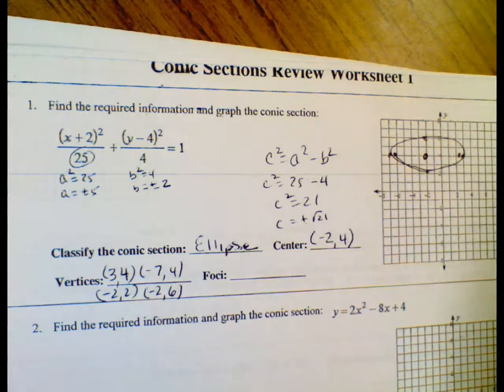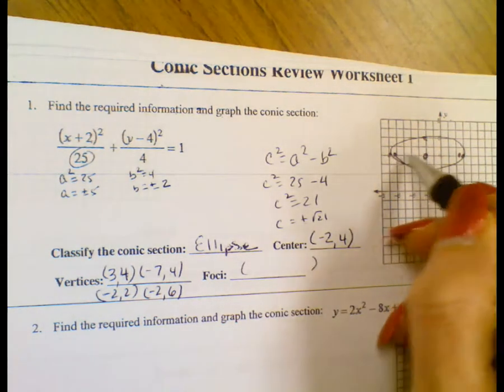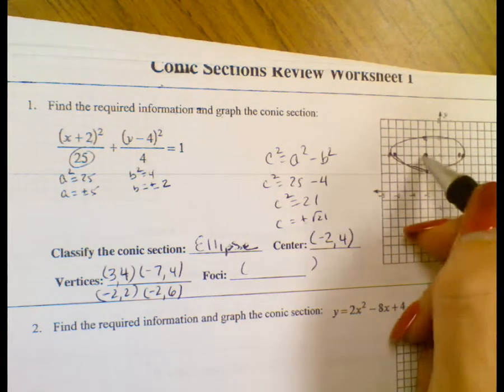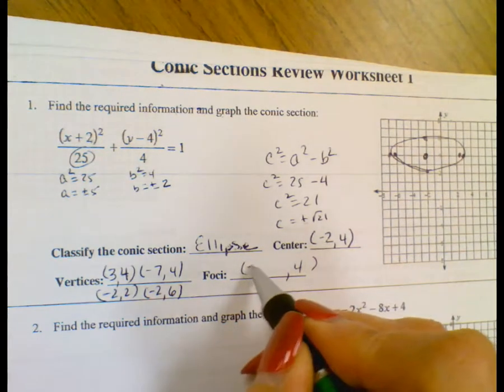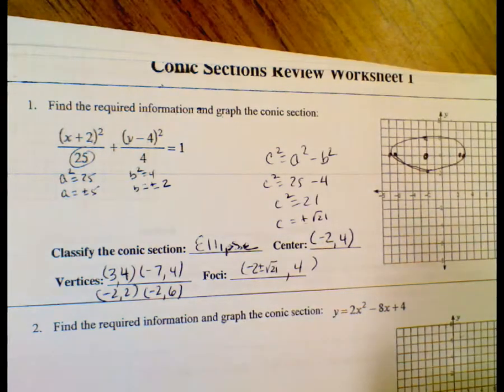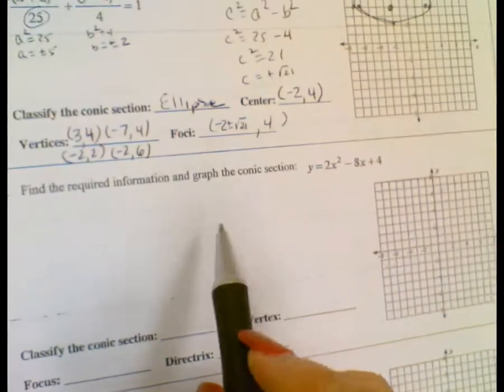That's how you plot them, but to actually say it, these foci share the same y-coordinate as the center and your major vertices, which is 4. So the 4 is unchanged. You take the x-coordinate of your center, and add and subtract square root of 21, and that's the best way to write your two foci. That's your answer.